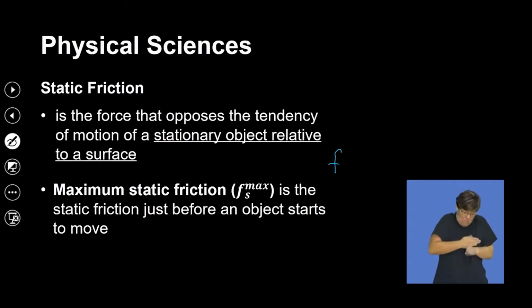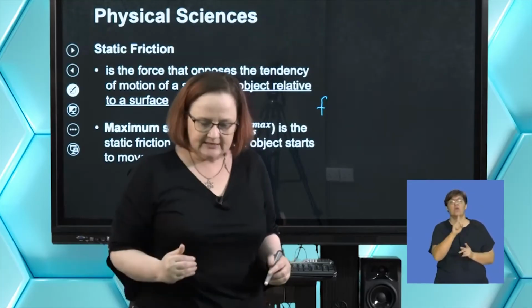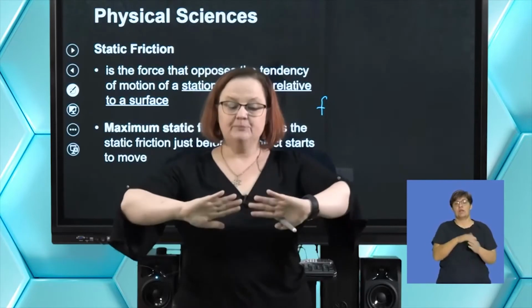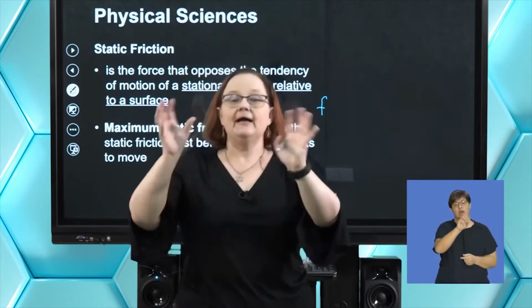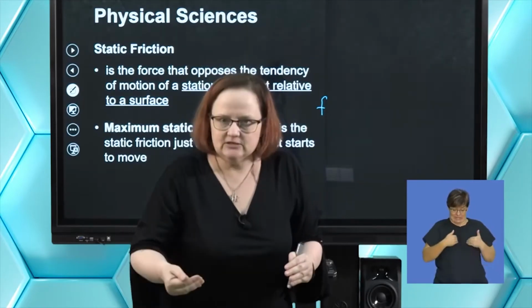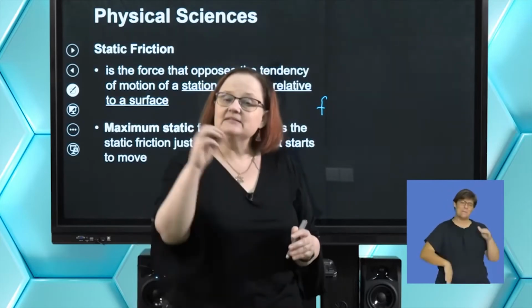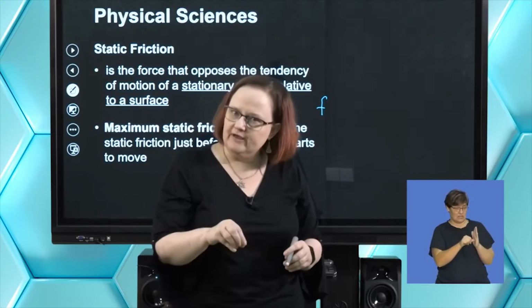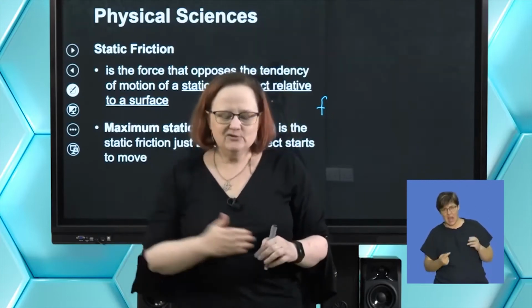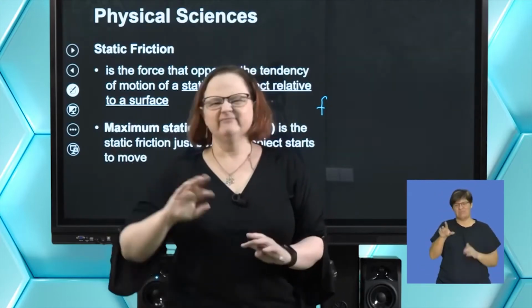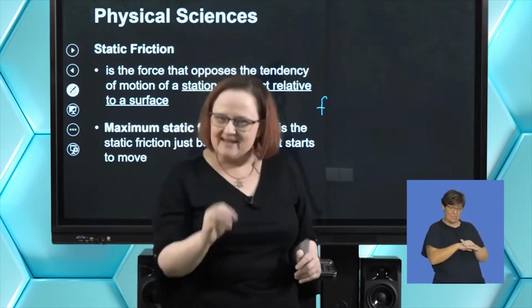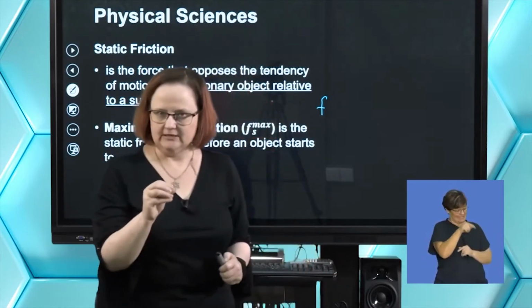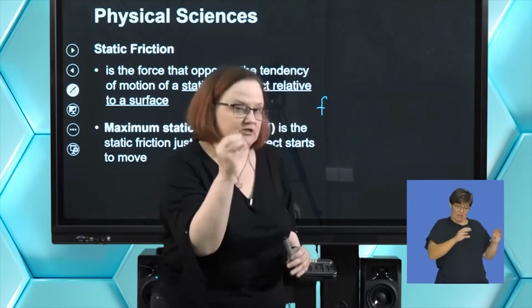So when they describe this in questions, they'll say to you that the force applied to an object is, say, 100 newtons just as it starts moving. That's the maximum static friction. That's an important value for us. The other values, as it gets bigger and bigger, not that important. Maximum static friction is important for us, okay, because that's the friction we have to overcome.